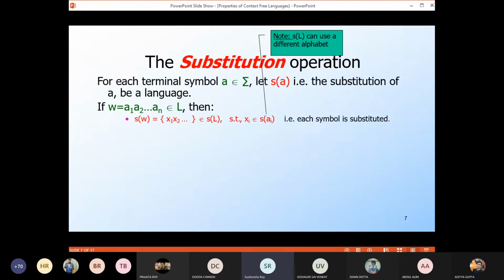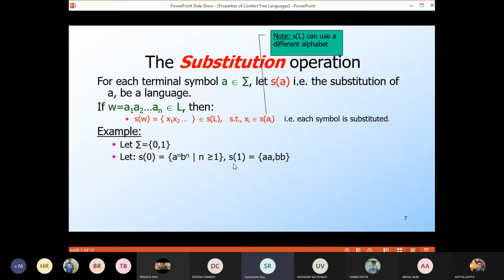So for example, suppose this is your input alphabet 0, 1. So you have a language defined on 0, 1. Now you are defining a substitution such that for S(0), note that these are the two input symbols, you will replace it by strings of the form A^n B^n, and you can see that this is a context-free language altogether.